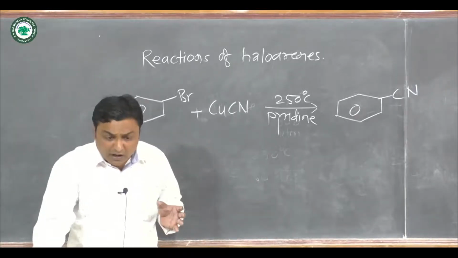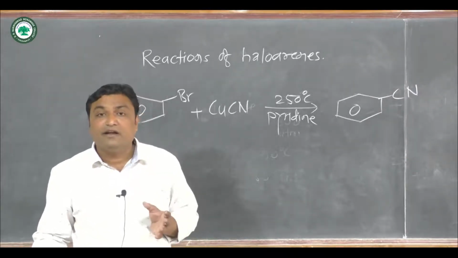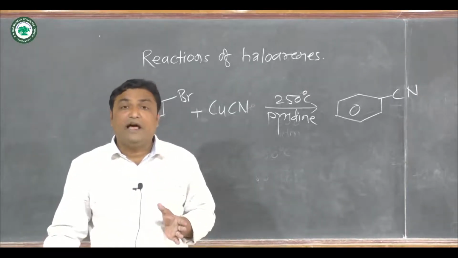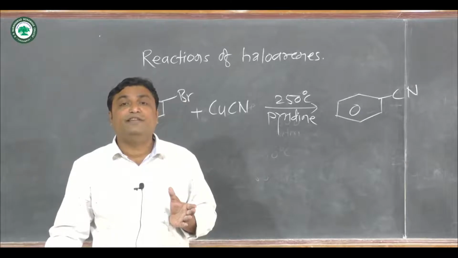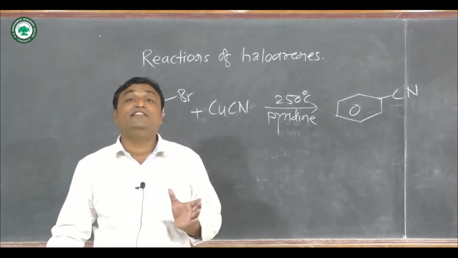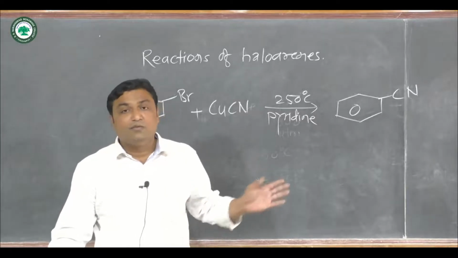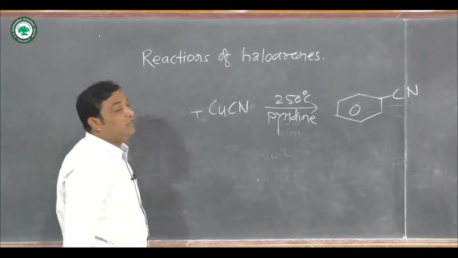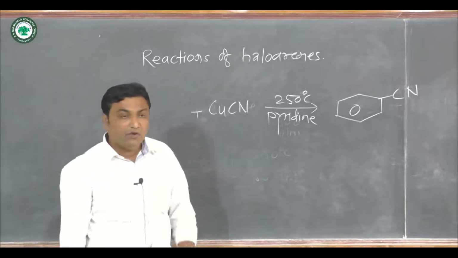That electron withdrawing substituent will withdraw electrons from the aromatic ring, and due to this withdrawal the aromatic ring becomes electrophilic in nature, or we may say the aromatic ring cannot remain resistant to nucleophiles. Okay, one by one we will see some problems regarding nucleophilic substitution on haloarenes containing electron withdrawing substituents.